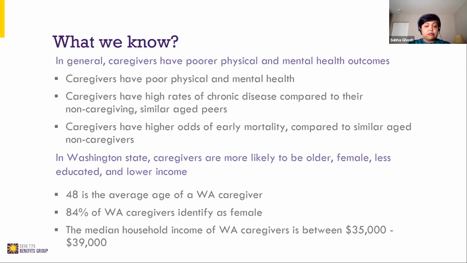The median income is 35,000 to 39,000, you can see. So caregivers have two things going on. One is that they are socioeconomically disadvantaged, and on the other hand, because of the care that they do, they are also vulnerable to poor health outcomes attributed to the stress and hard work that comes with caring for somebody with chronic disability or age-related issues.